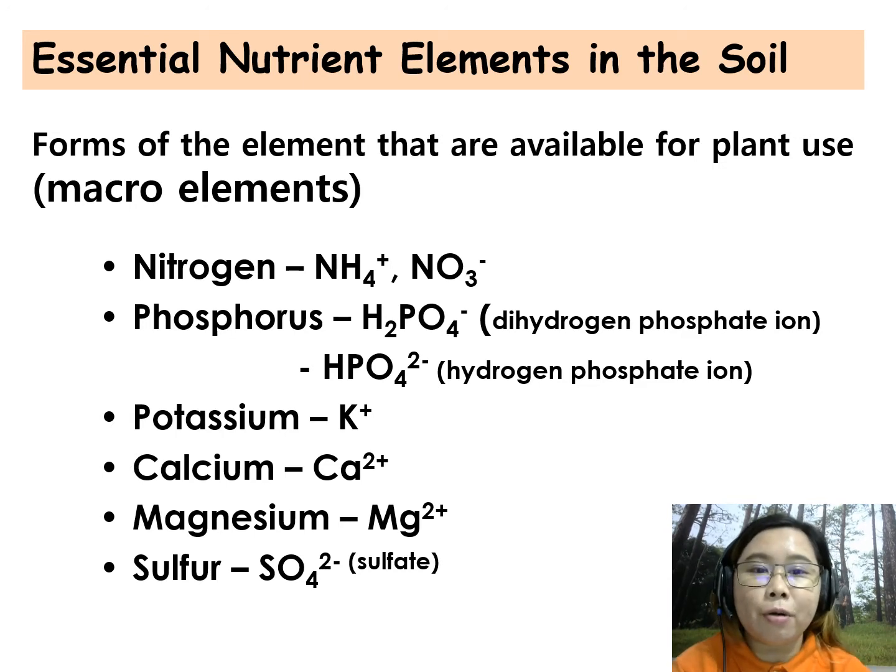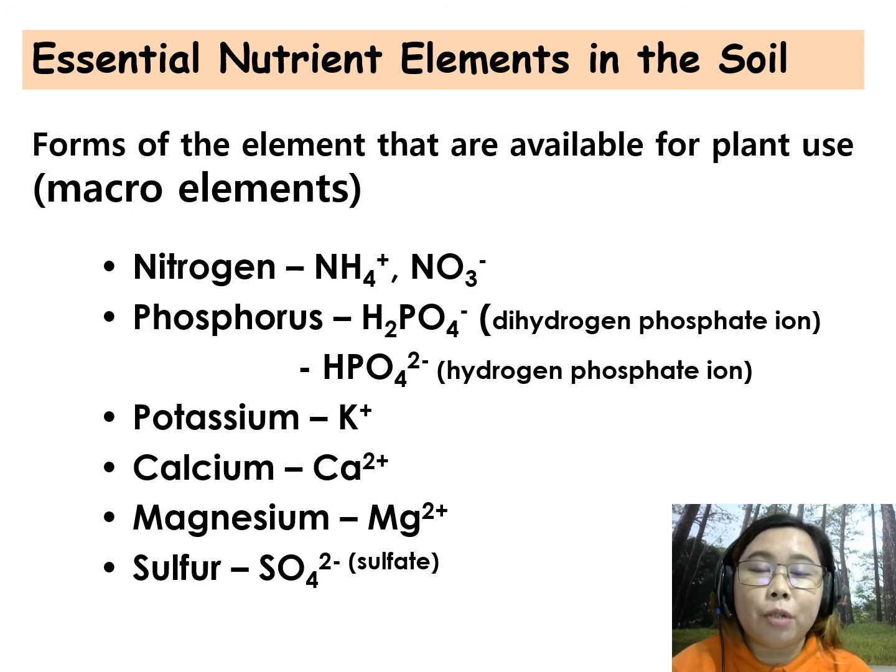So for the macro elements, we have the following in the soil: nitrogen, phosphorus, potassium, calcium, magnesium, and sulfur. These are the forms of the elements that are available for plant use. For nitrogen, we have ammonium and nitrate. For phosphorus, we have dihydrogen phosphate ion and hydrogen phosphate ion.